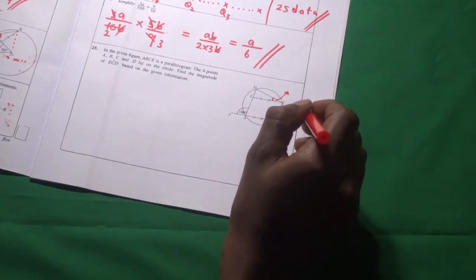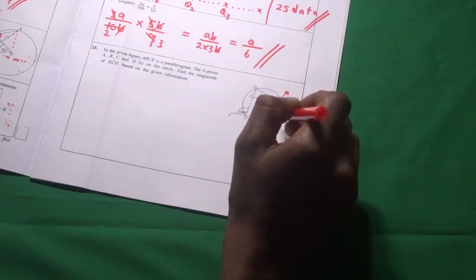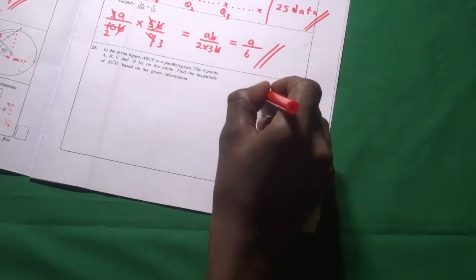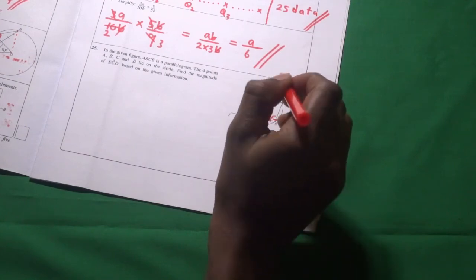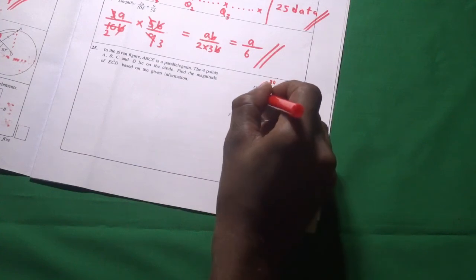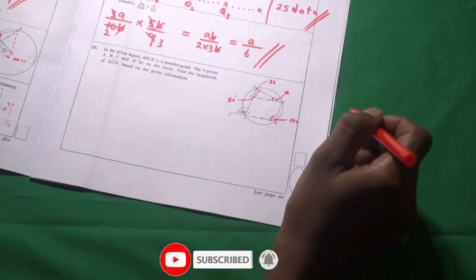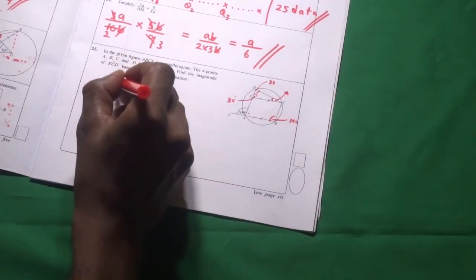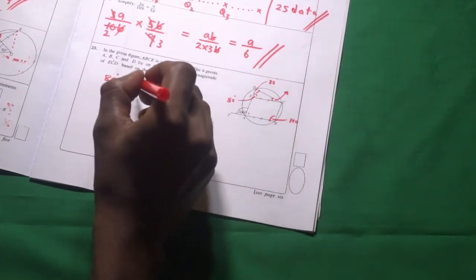And on a circle, the sum of the opposite angles is 180. So this should be 80. Okay, as these two lines are parallel, this is 80, so this is also 80. Right. So in this EDC triangle, the sum of all the angles is 180.